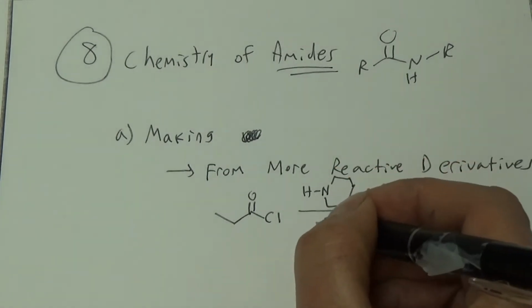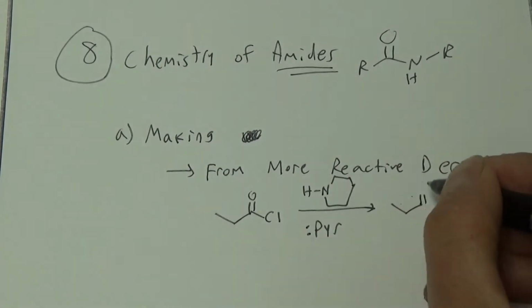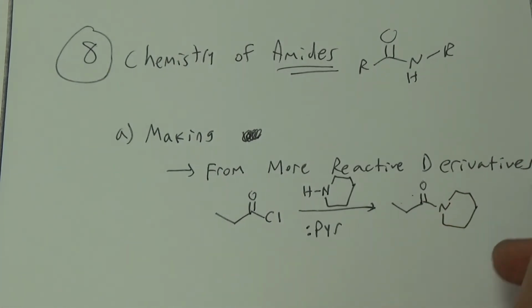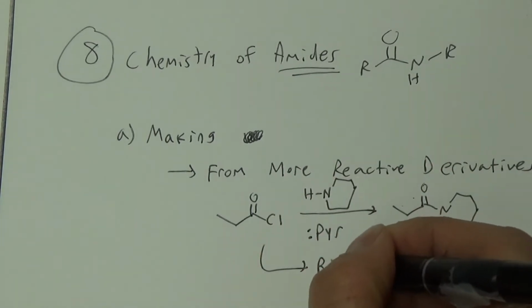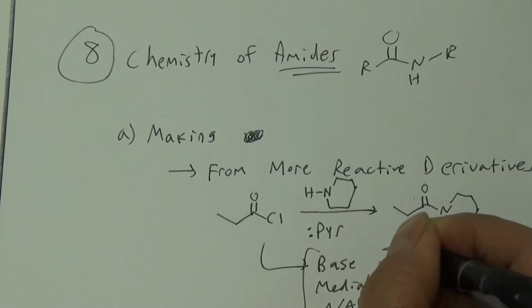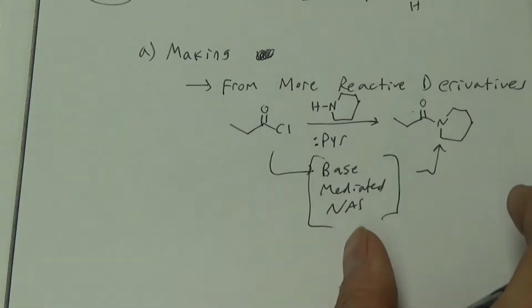Like pyridine or something. Sure, that'll make an amide, a cyclic amide with the nitrogen in a 6-member ring, like that. Of course, this is all NAS, base mediated NAS. That's one way you can make an amide.